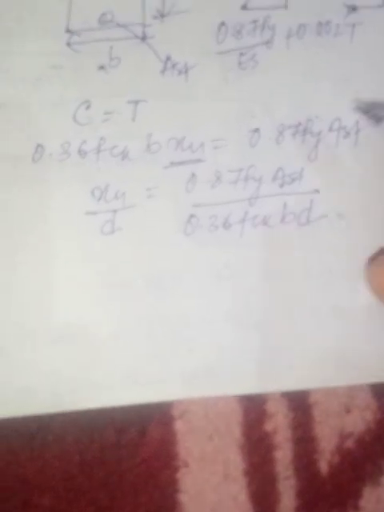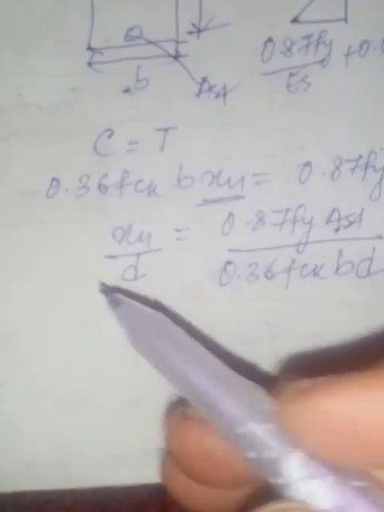If I find out from this, XU is equal to 0.87 Fy Ast ratio 0.36 fck B. If I put here D, here I will put D. Clear? So this is our first equation.